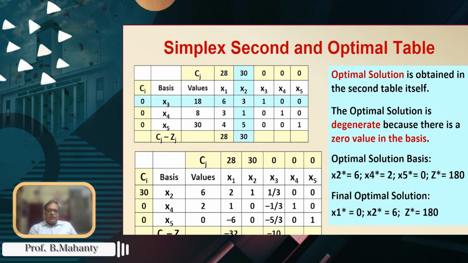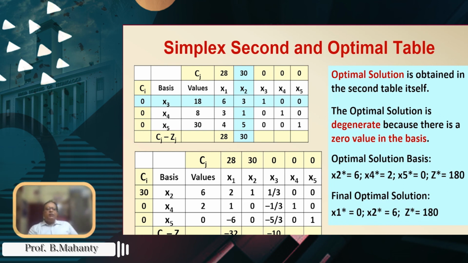So you become tempted to say that, look, this is the degenerate solution I have got, but you are then wrong, because x1 is equal to 0, not because it is in the basis. It has become 0 because it is not in the basis in the final table.